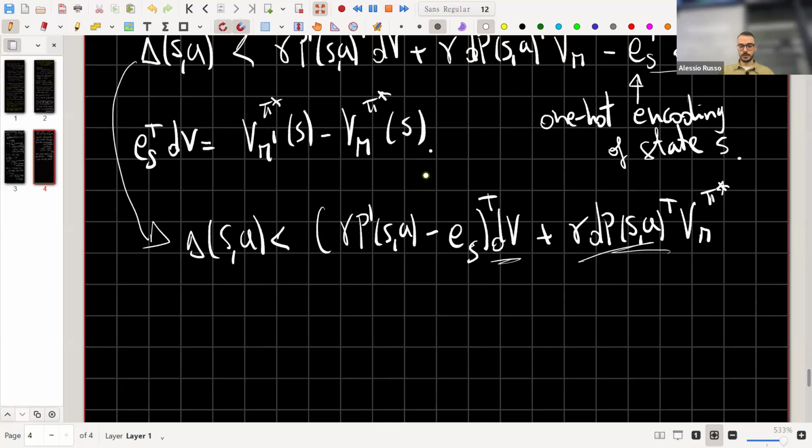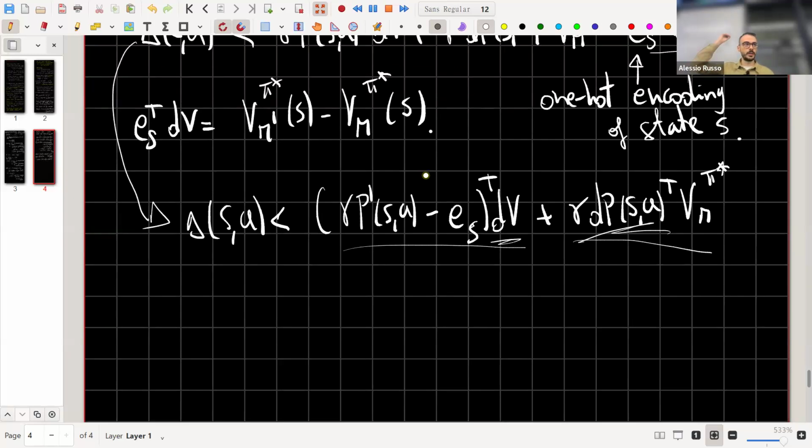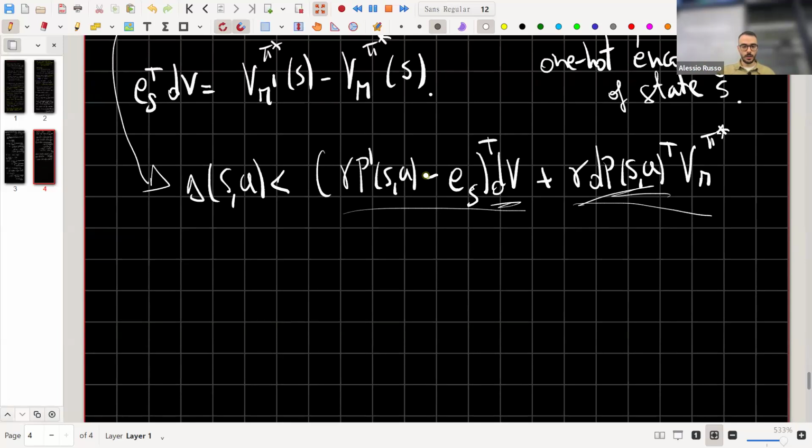So what we are going to do now is try to upper bound this quantity and this quantity in absolute value. This will turn out useful later, and it will show the dependency on the KL divergence. So let's start by bounding this simpler term.